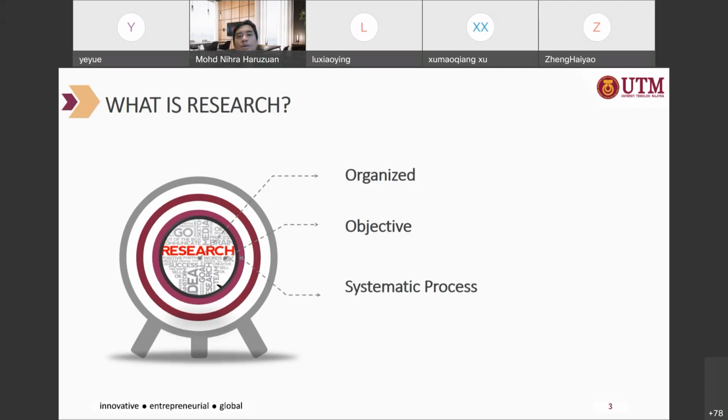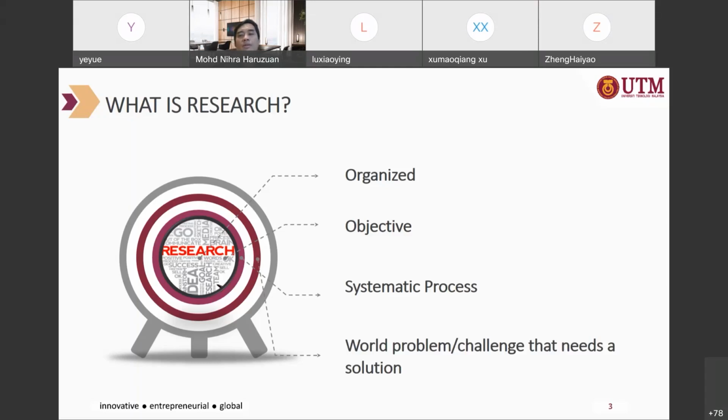So you start with the problems, and from there you will formulate your research question, and so on, as well as how you are going to solve it.